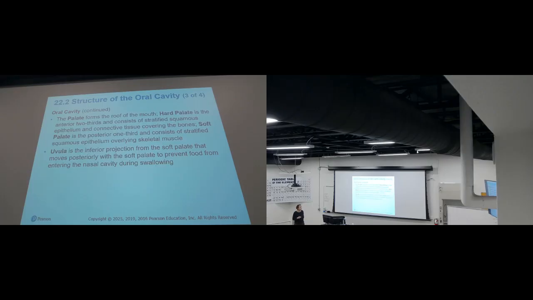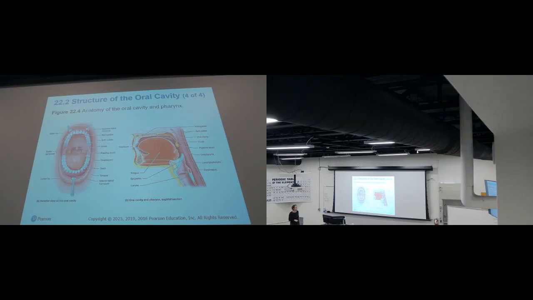That will be the hard palate, which is anterior. And then the posterior palate is soft, made out of muscles. So this will be the soft palate. And the uvula is part of these palatal muscles that hangs in the middle of the soft palate. And it helps to close the nasal cavity during swallowing.